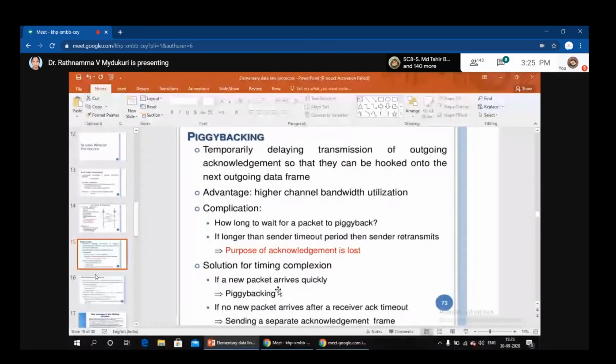Suppose no new packet has to be sent from receiver to sender, then send the acknowledgement frame itself. So like that, we have designed our approach 2. That is the sliding window protocols what we will discuss today.